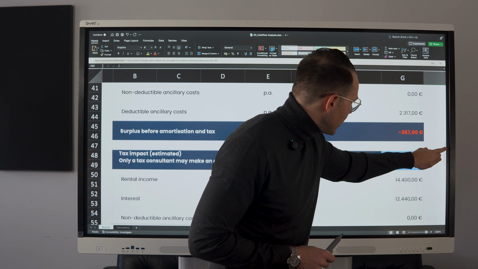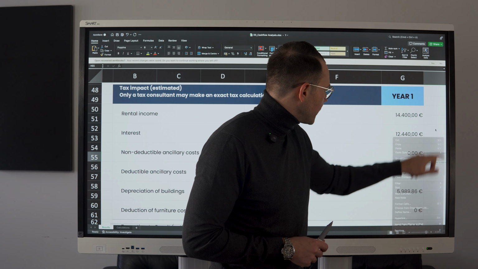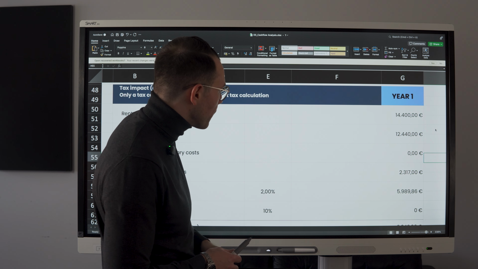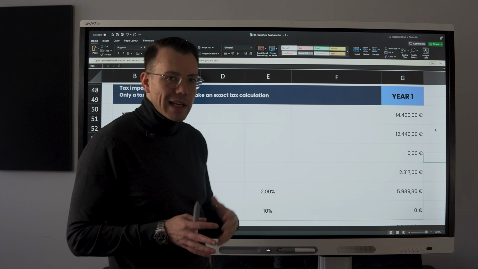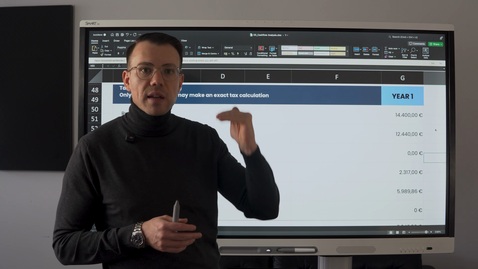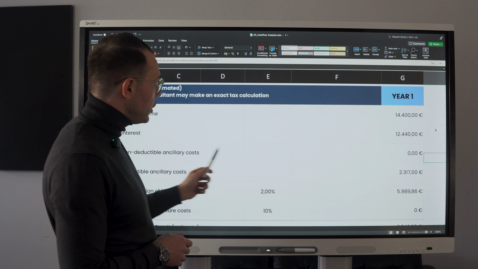Now, let's look at the tax benefit, which is one of the most interesting things when it comes to real estate. So we have rental income of 14,400 annually, which increases your taxable income in the first place. Second, we would have interest rates.